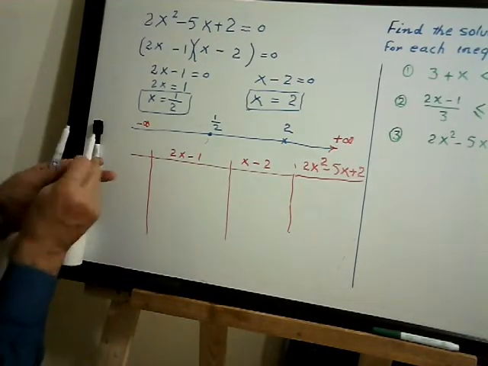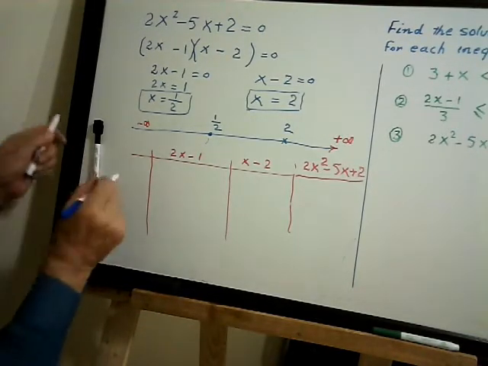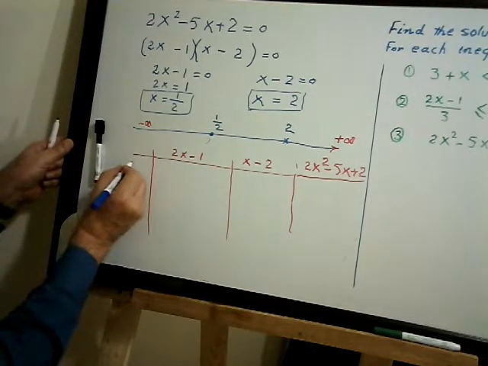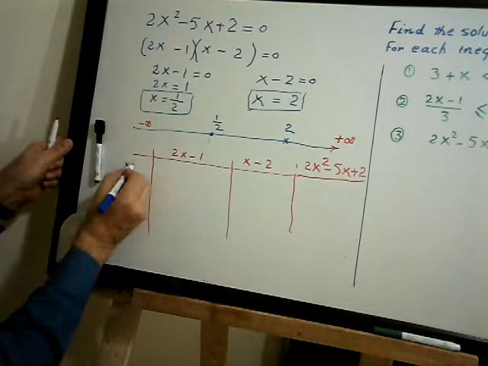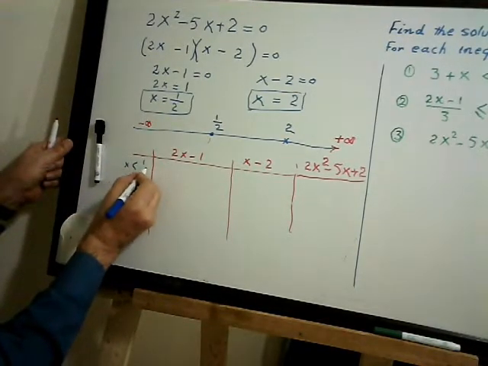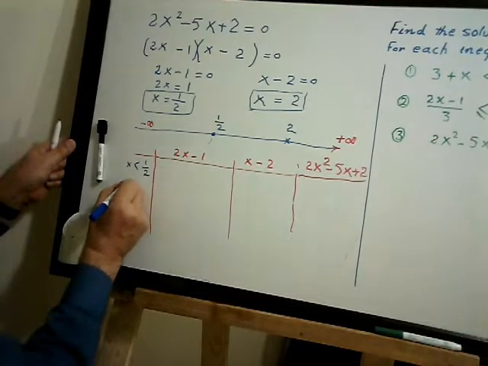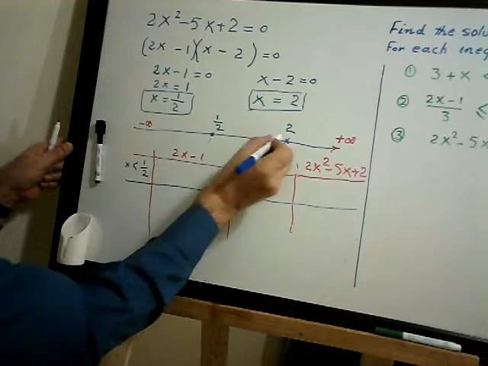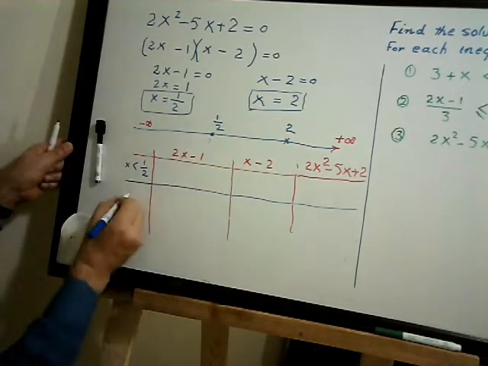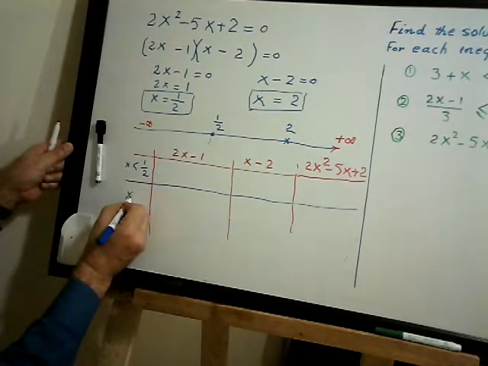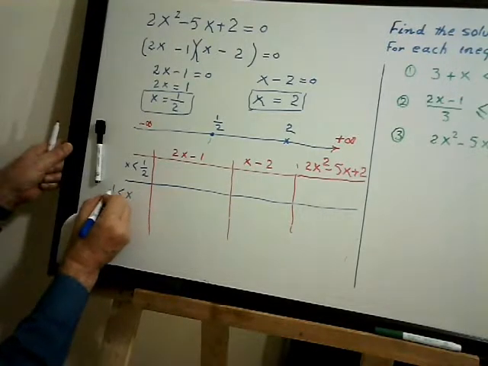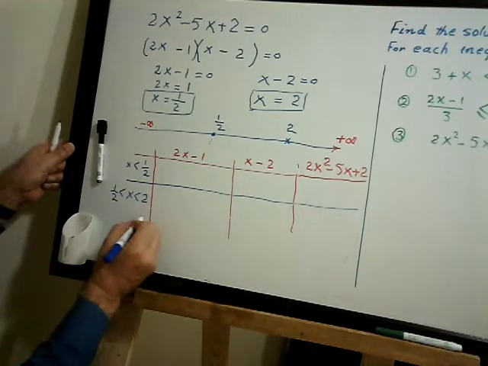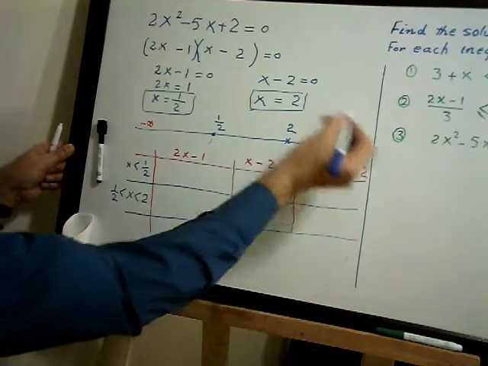And we write here the first interval, which is x less than half. Second interval, which is x between half and 2. Third interval, greater than 2.